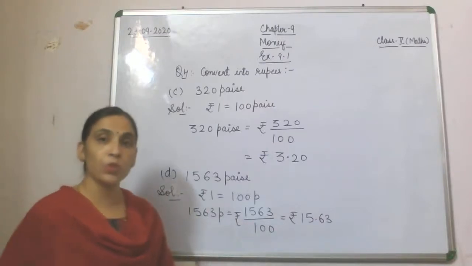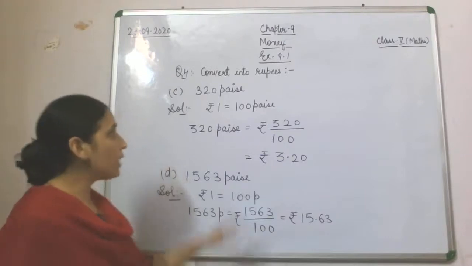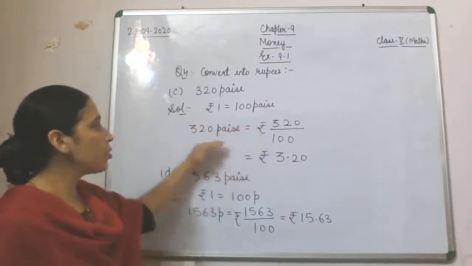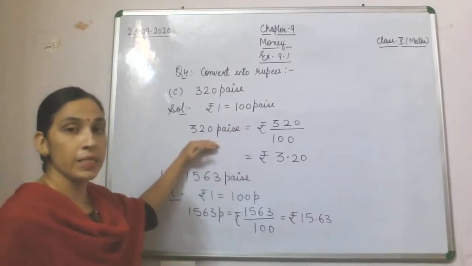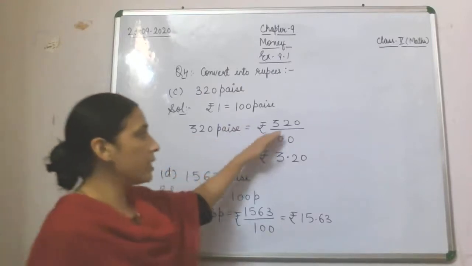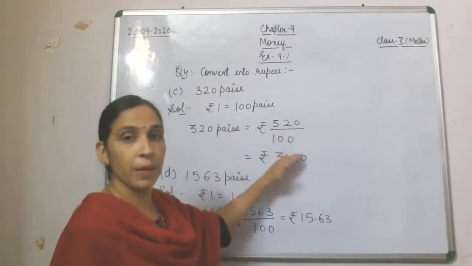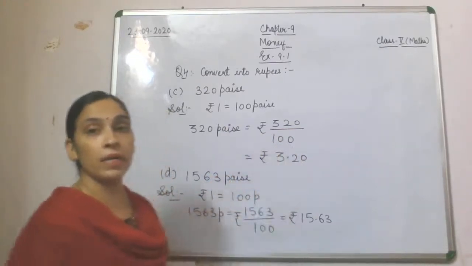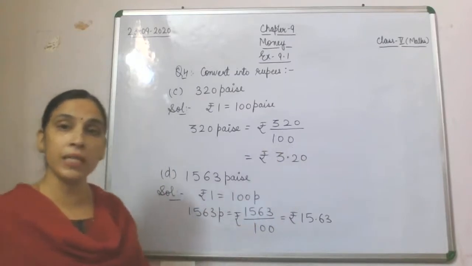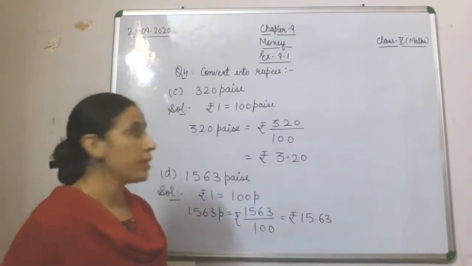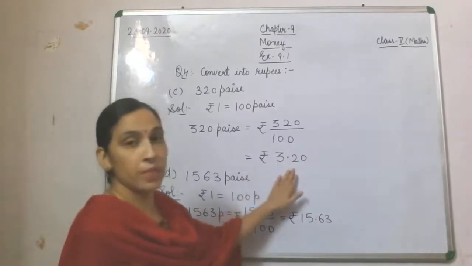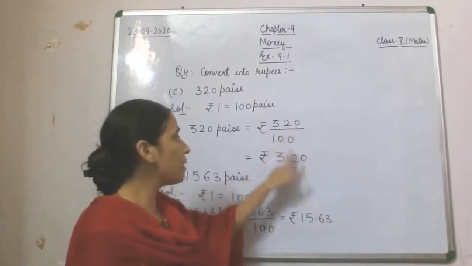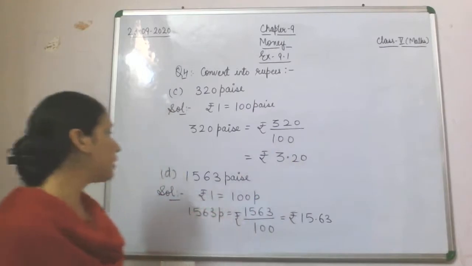You are supposed to do division. That is what we have done. Rupee 1 is equal to 100 paise, so 320 paise is equal to 320 divided by 100. When we divide it by 100, paise automatically becomes rupee. Then the next step is representing it using a decimal, so we count from the back 1, 2 and put the decimal over here.